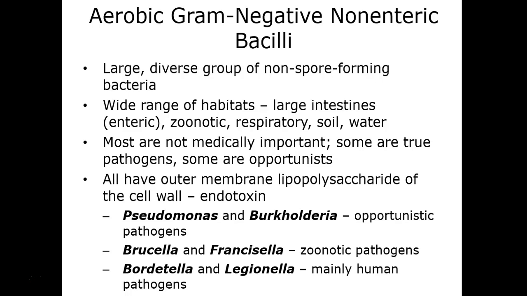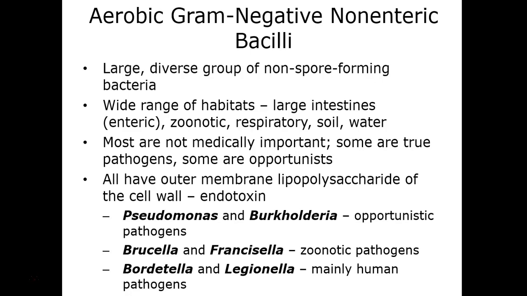So we're going to get into a few different groups today. There's 6 total that we are going to look at. We have the Pseudomonas and Burkholderia, which are both opportunistic pathogens, meaning that they take advantage of the body when it's weakened. We have Brucella and Francisella, which are both zoonotic pathogens, meaning that their reservoir is from animals.